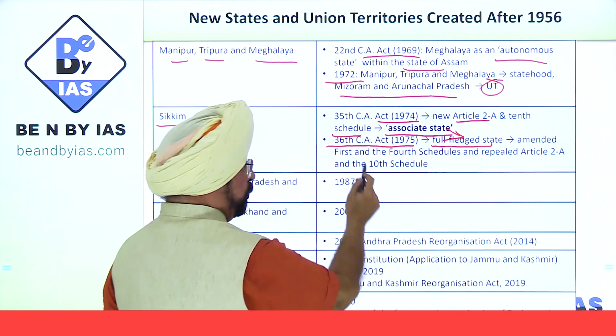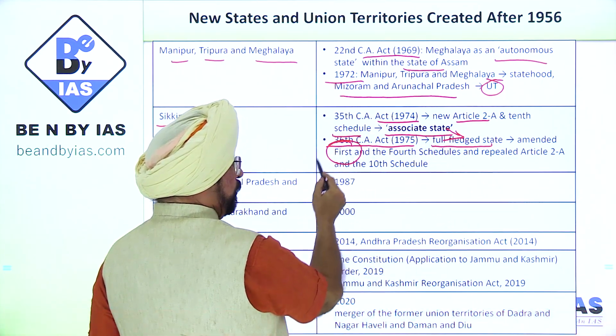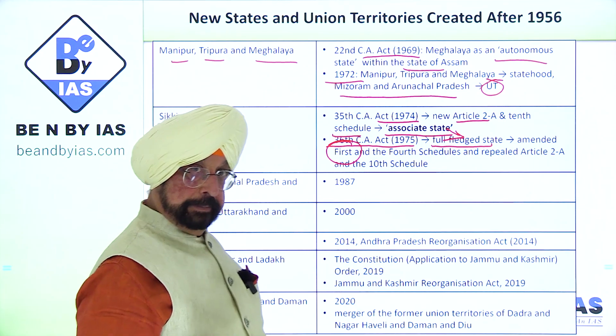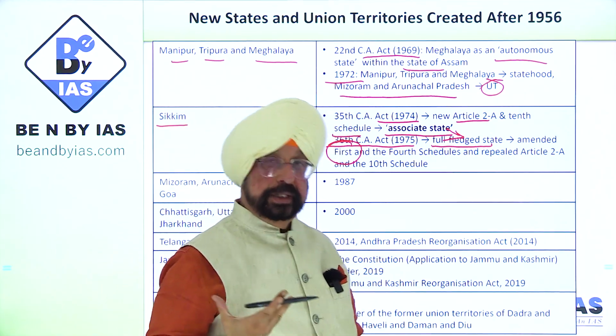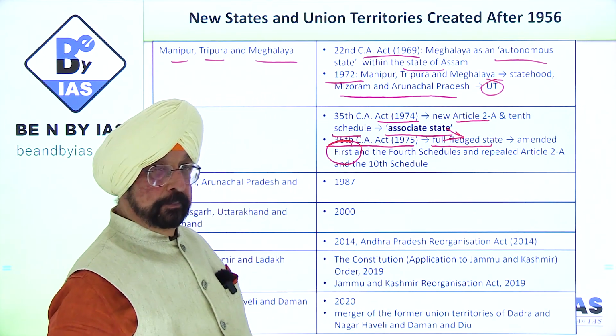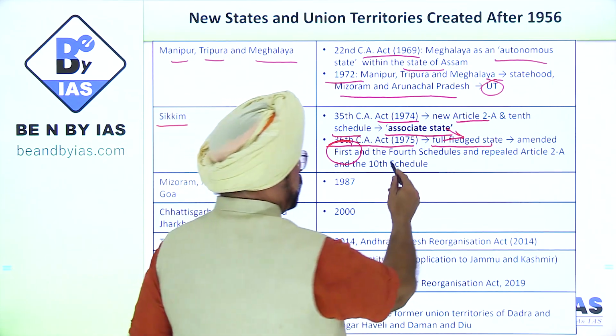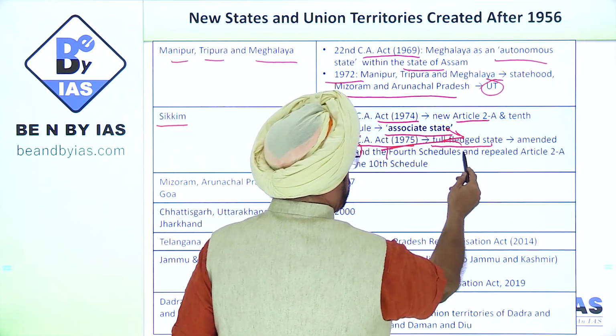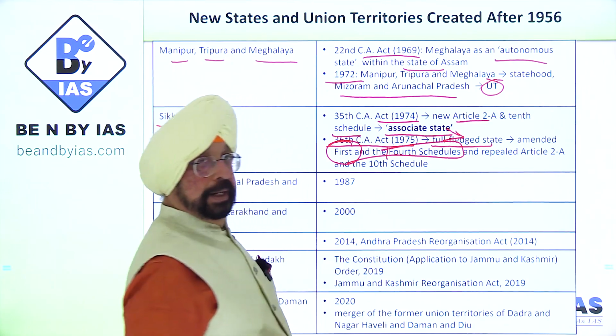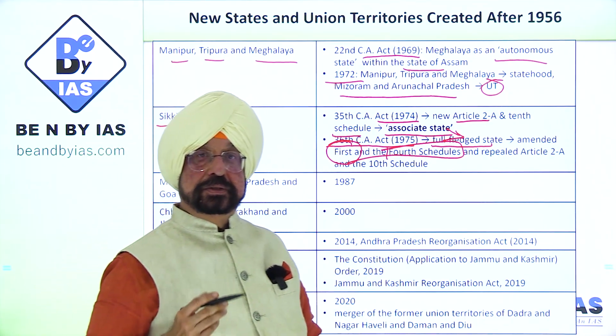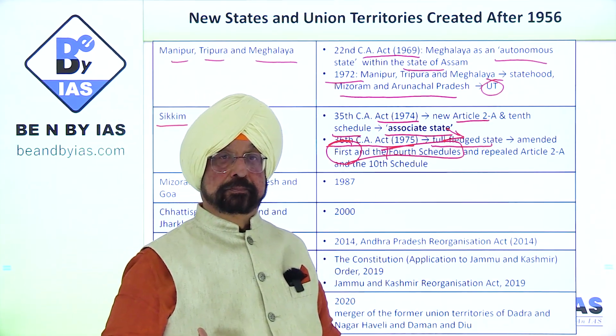Repealed. Now, I have told you about the first schedule. First schedule is about the names and territories of the states and union territory. Fourth schedule is about the number of parliamentary and legislature seats from there.